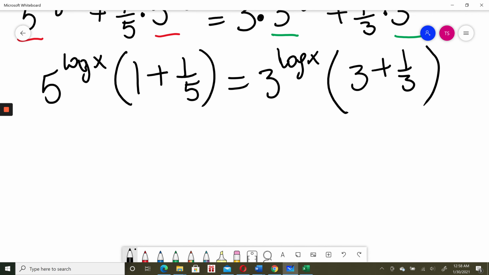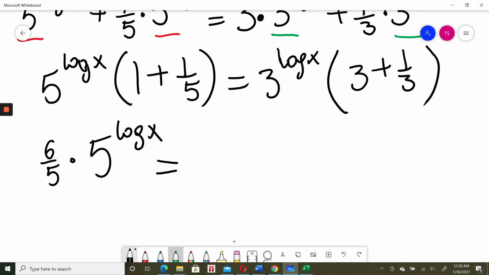So this will be 6/5 times 5 to log x, and that will be equal, similarly here, 3 plus 1/3, I will just write 10/3, times 3 to the power of logarithm x.